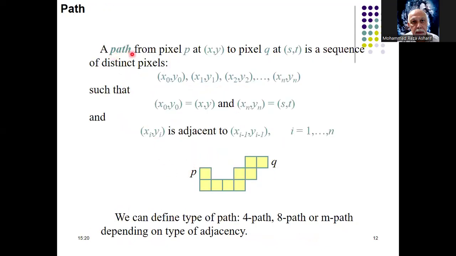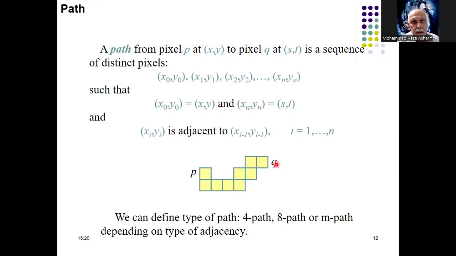And a path also, you can take a path. For instance, in robotics also, you need to define some path. A path from the pixel P with coordinate X, Y goes to point Q with coordinate S, T. Then it should go from X0, Y0 to Xn, Yn, which is S, T. So you have to go this side, for instance, then this side, and this side.